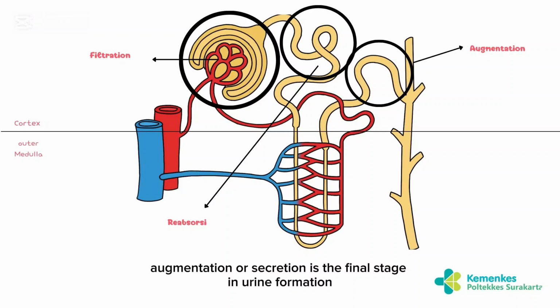Augmentation, or secretion, is the final stage in urine formation. This stage adds waste products and excess substances from the blood to the secondary urine to be excreted from the body. This occurs in the distal convoluted tubule, DCT, and collecting tubule.